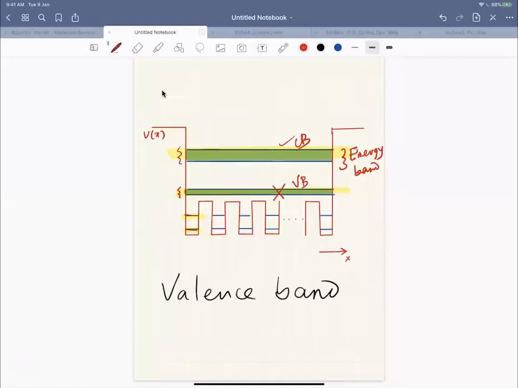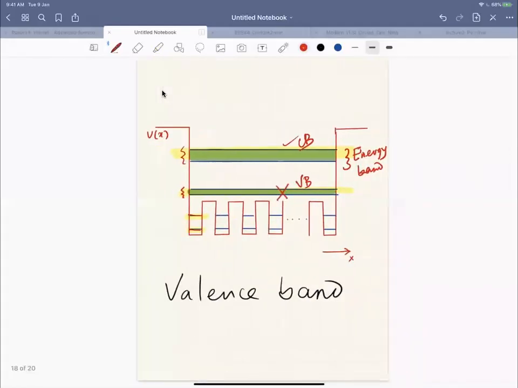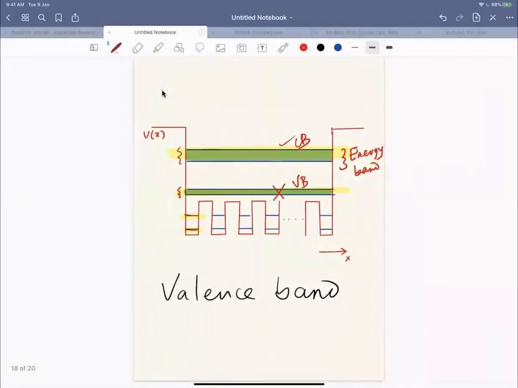The energy of the valence and conduction bands also depends on the atom itself. For silicon, the valence band and conduction band are different from those of germanium. The position of the valence band and conduction band depends on the lattice constant a.